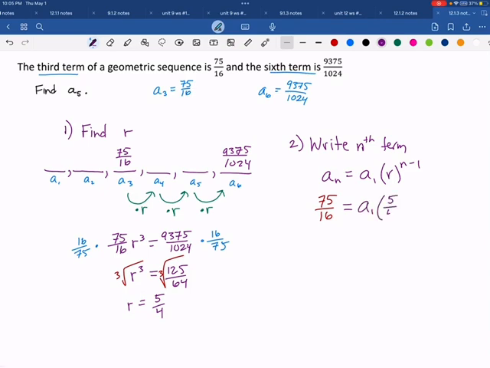I can plug in r now because I know it. So if I want to plug that in, I can plug in 3 at the same time because that's the third term. And then I can solve for my a1. And then I'll multiply by the reciprocal here.